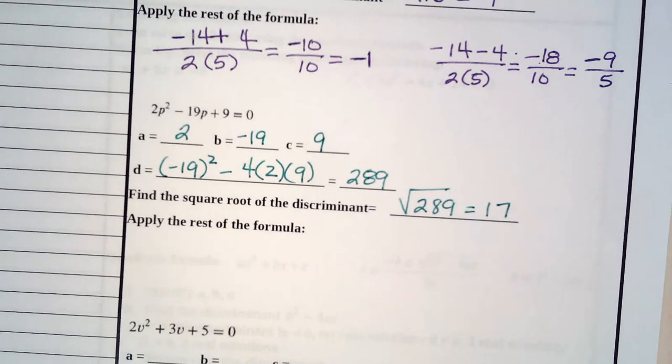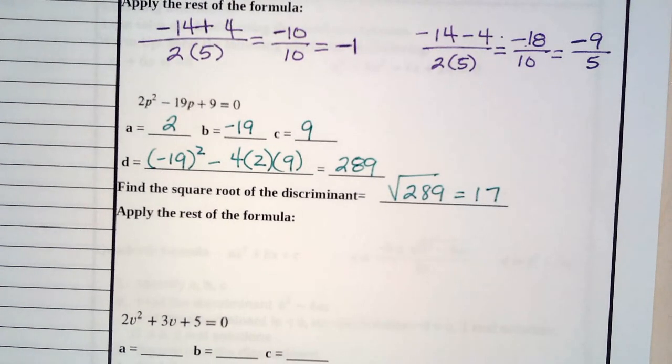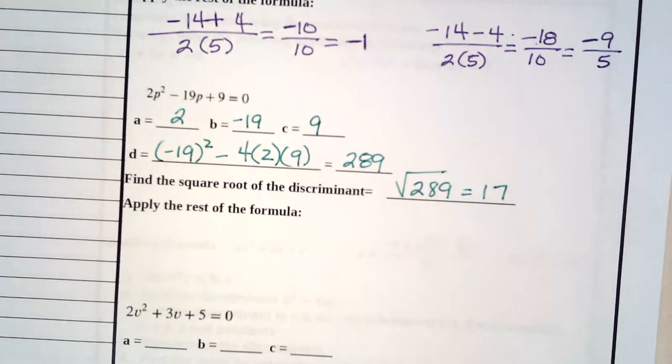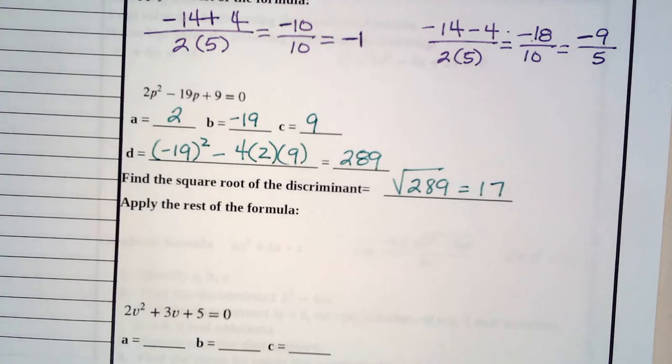Okay, the opposite of B plus 17 divided by 2 times A. Can you write that down? What is the opposite of B plus 17 all over 2A?